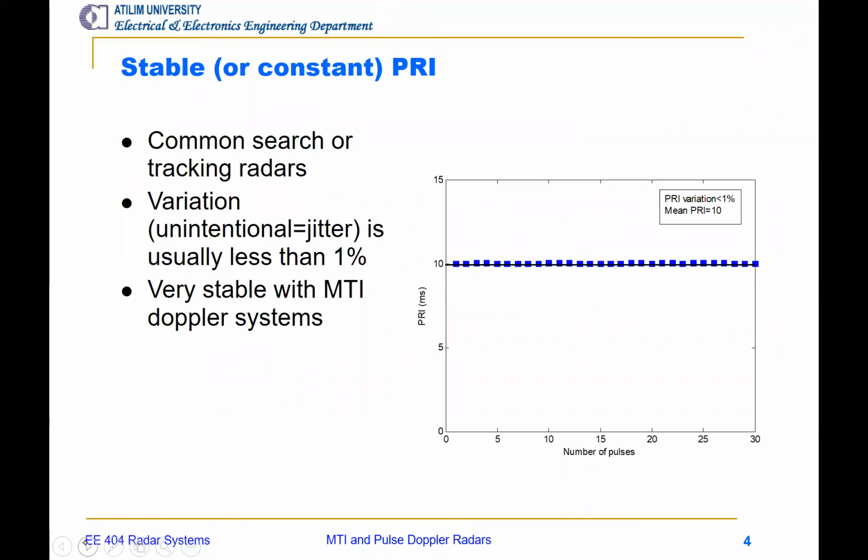Okay, here you see a stable PRI where we got the number of pulses right here, and here the PRI value. As you see, it's almost constant, 10 milliseconds.